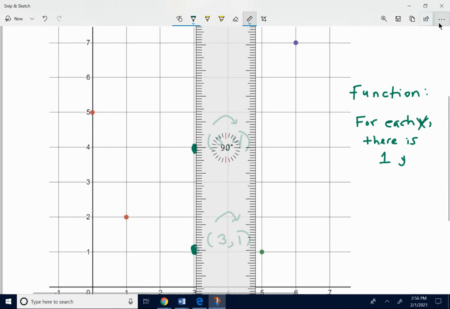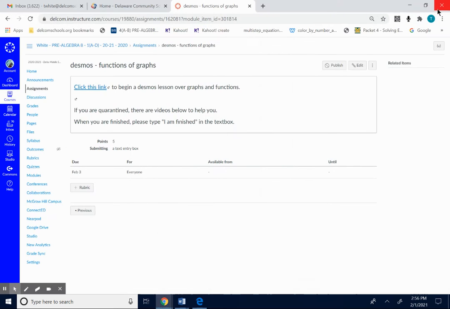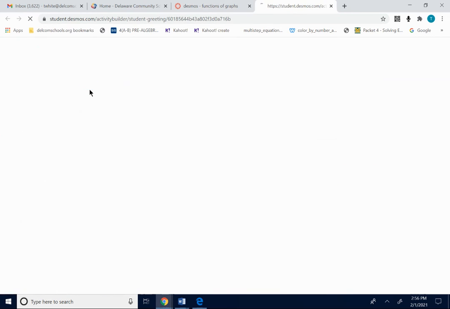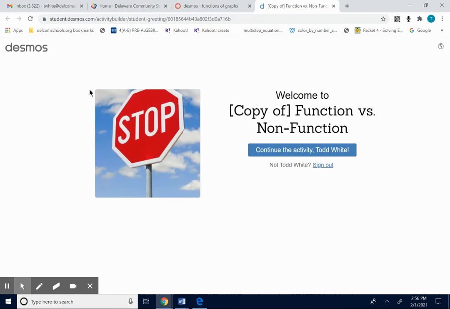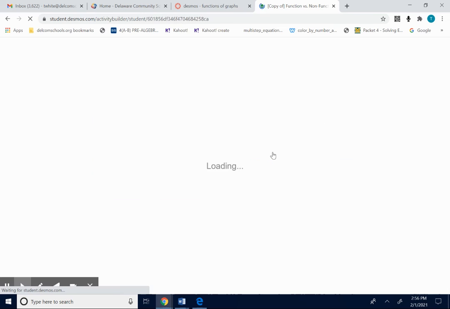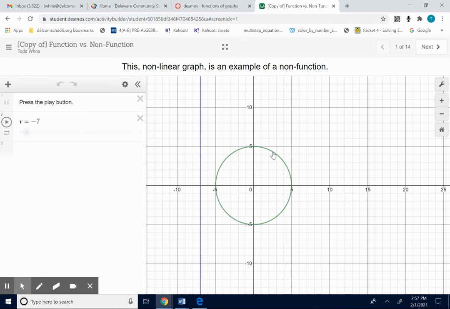So when you're doing the Desmos lesson, you're actually going to be working with a vertical line, that purple vertical line.